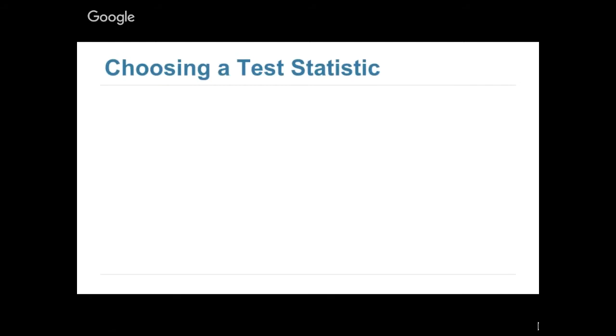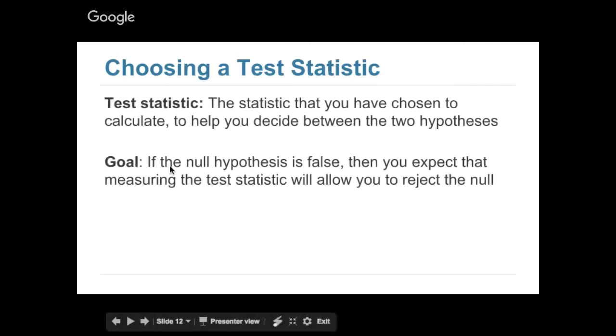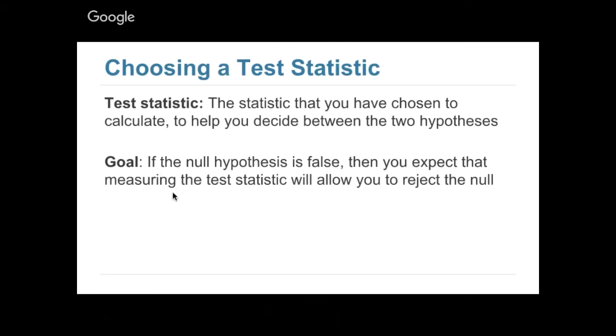And in homework 5, we ask you which test statistics will actually get you a good hypothesis test. Basically, the criterion for choosing a test statistic is that if my null is false, then measuring my test statistic should help me reject the null. What that means is, the farther away I am from what I expect, the more different my test statistic should be. Let me give you some examples of that.